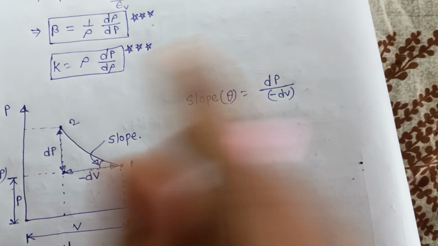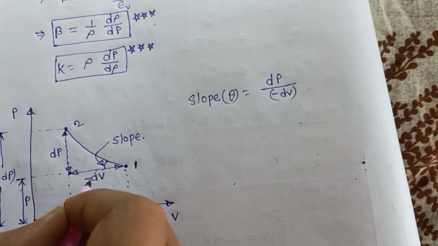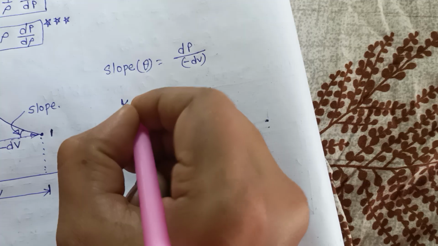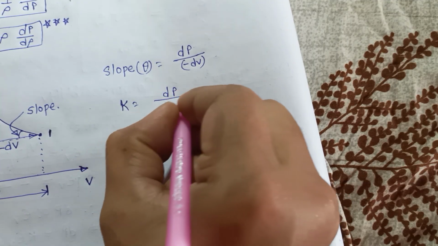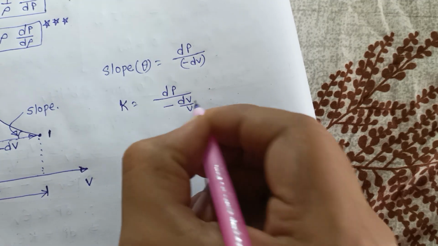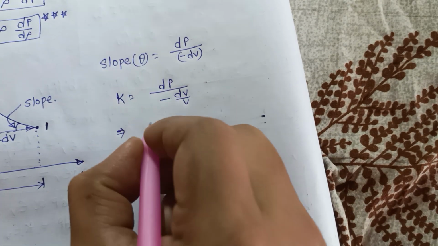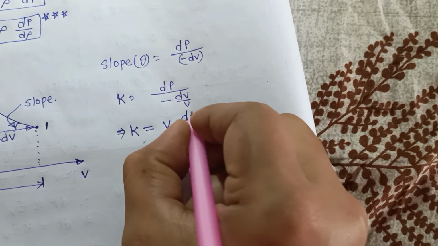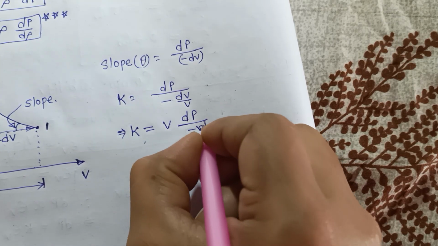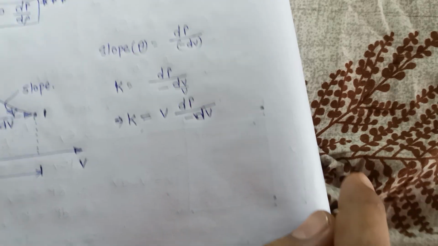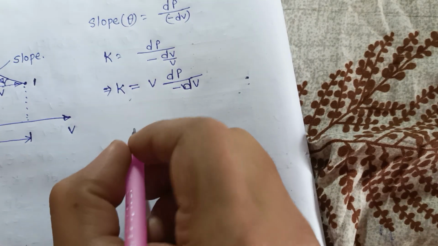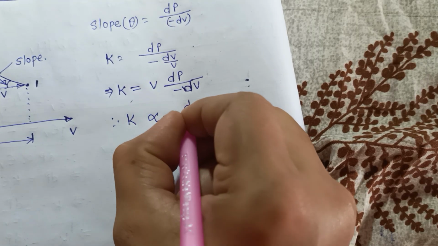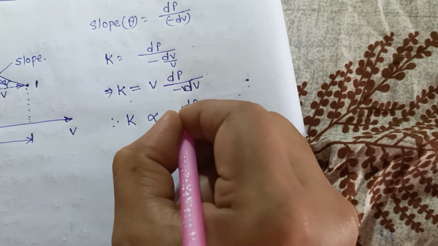So we know that K is equal to dP by minus dV by V. So from here, K is equal to V dP by minus dV. Important. So from here we can say that K is proportional to minus of dP by dV.